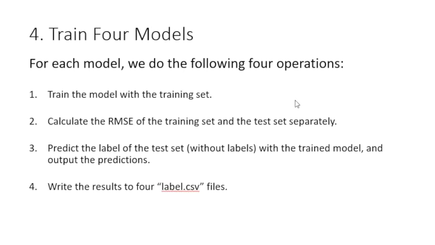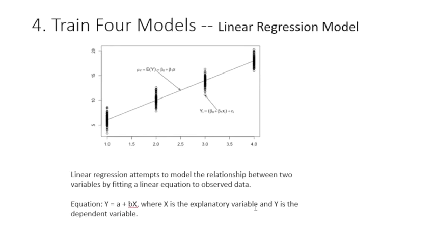Then we get the root mean square error of the training set and the test set separately. The third step is to predict the labels of the test set, which is without the labels, with the trained model and output the predictions. And the final step is to write the result to 4 different files.